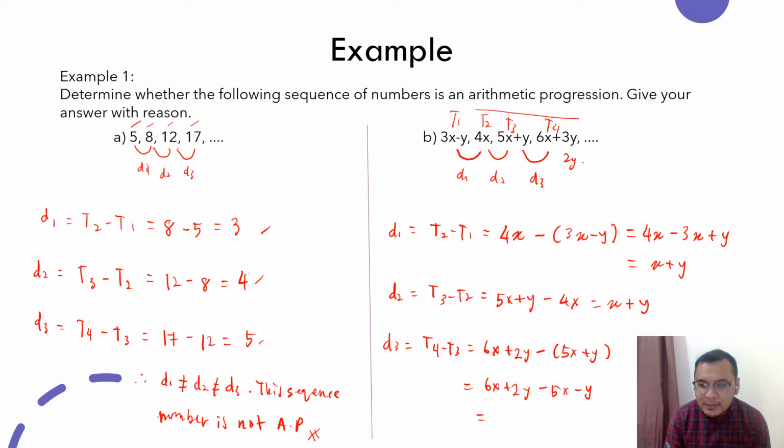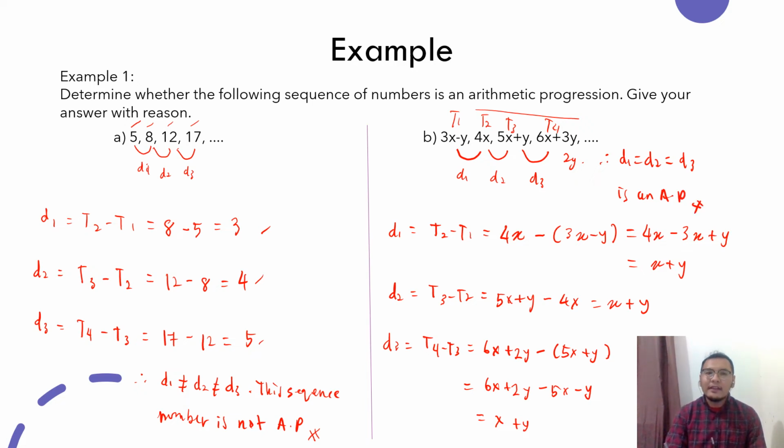So 6x minus 5x is x, and 2y minus y is plus y. So we have the same D1, D2, and D3. What we can conclude is, therefore D1 equal to D2 equal to D3. So the sequence number is an arithmetic progression.